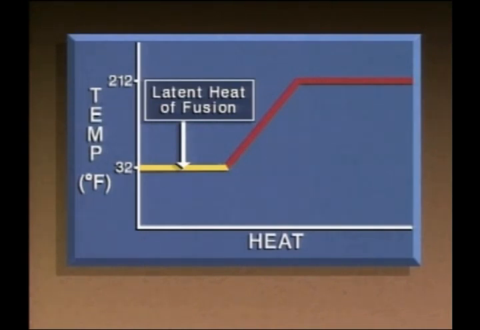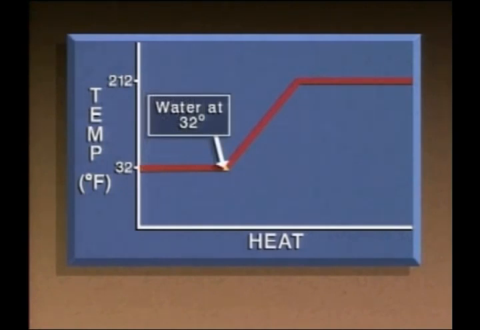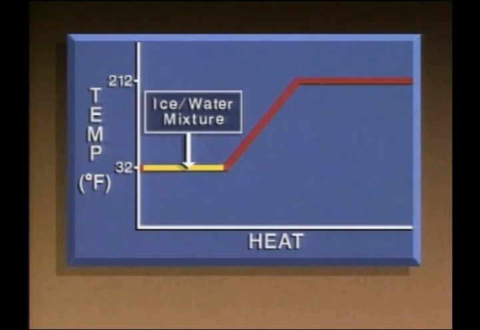The latent heat of fusion is the amount of heat required to melt a substance without a change in temperature or pressure. This point represents ice at 32 degrees, and this point represents water at 32 degrees. The line between these points represents an ice-water mixture.